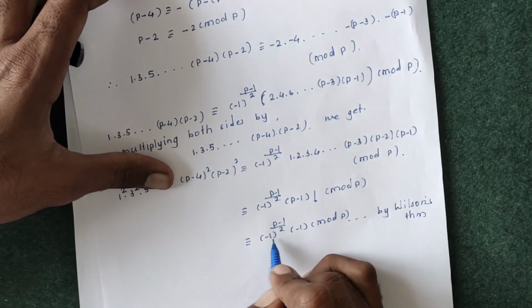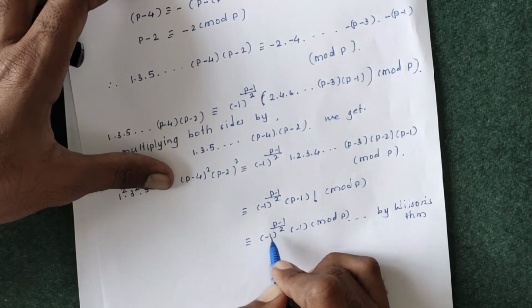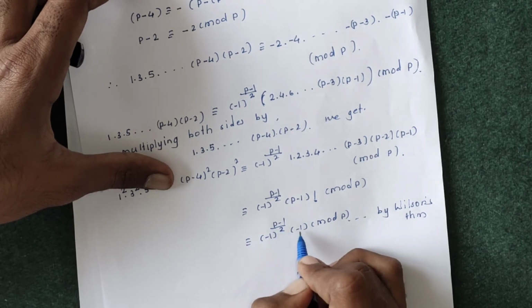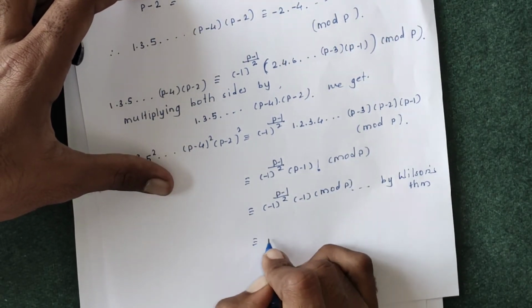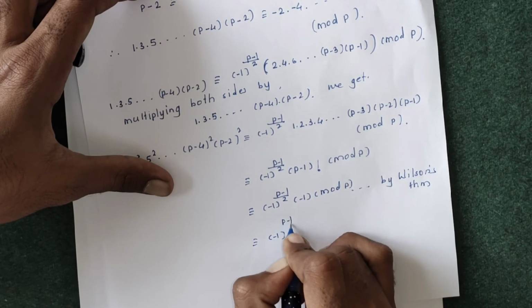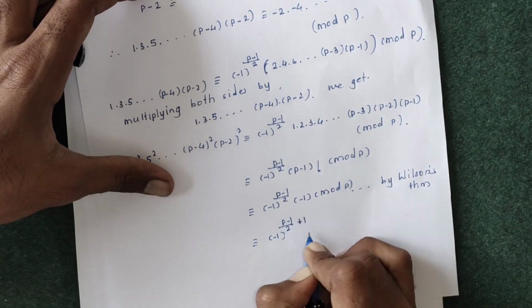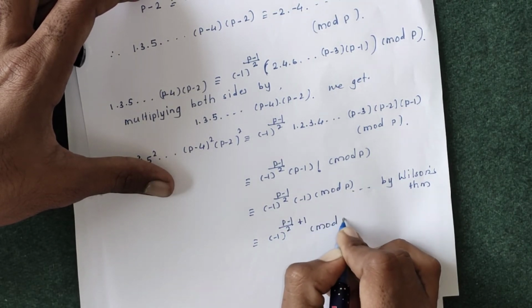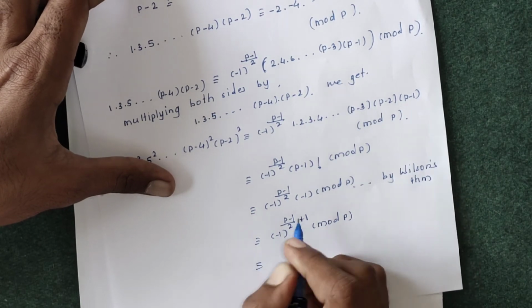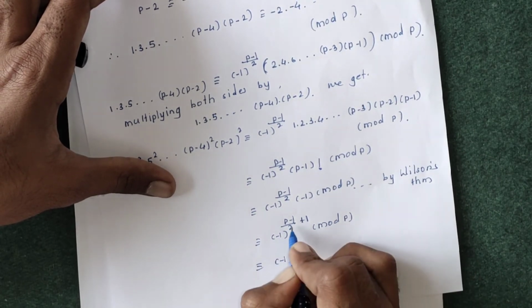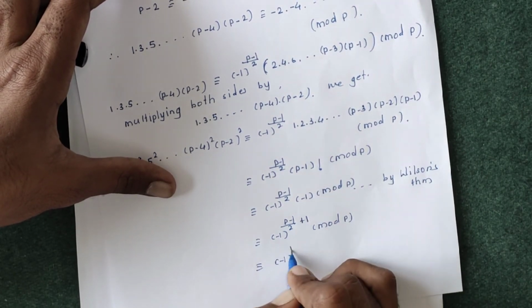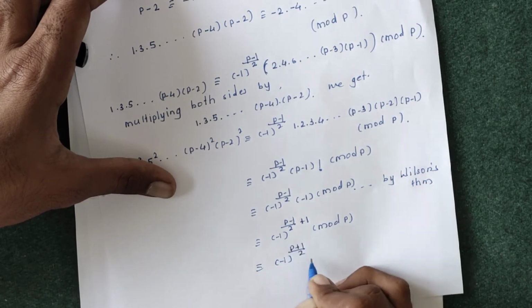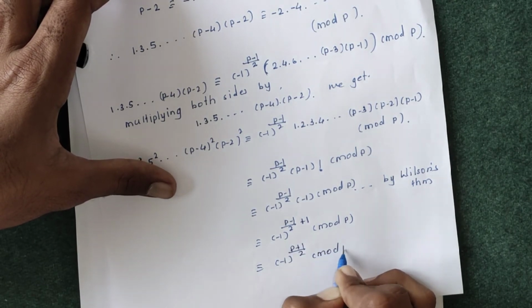Now this (minus 1) raised to (p minus 1) by 2 into this minus 1, we can write it as (minus 1) raised to (p minus 1) by 2 plus 1 under modulo p. Now simplifying this, we get (minus 1) raised to (p minus 1 plus 2), that is (p plus 1) divided by 2, under modulo p.